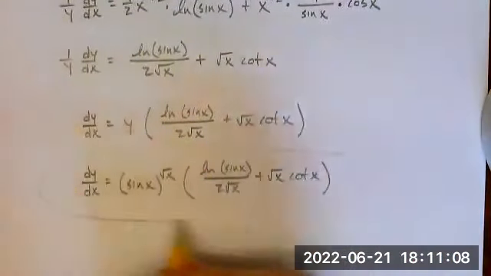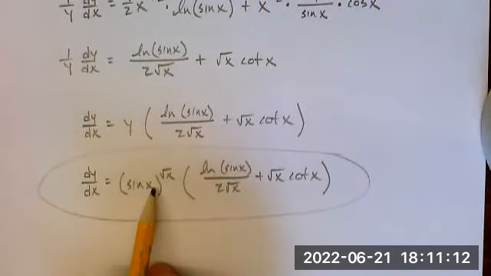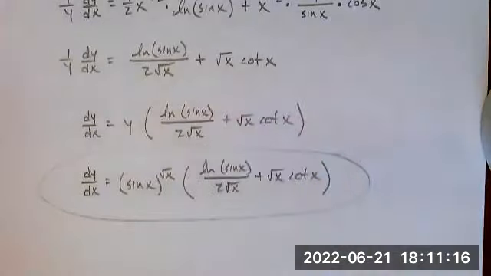There it is, just in terms of x. The sine of x raised to the square root x, so of course it repeats. Natural log sine x over 2 square root x plus square root x cotangent x. There you have it. And that is the end of our section. A lot of fun.